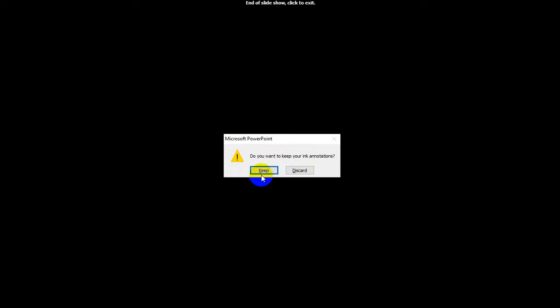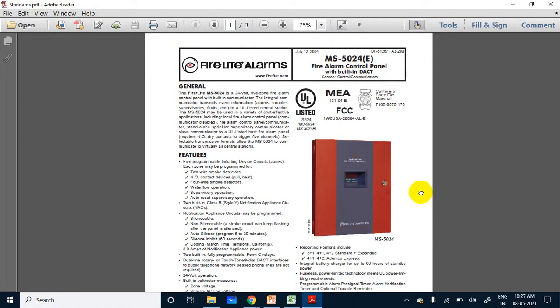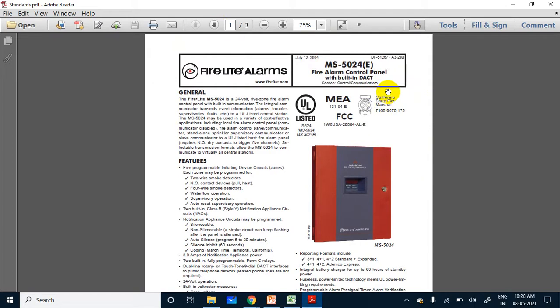Okay, please see this one. This document is a fire alarm system standard MS 5024. The codes, okay, the standards, this is the document. For example, if you are buying the fire alarm system from Honeywell technology, they will follow only MS 5024.